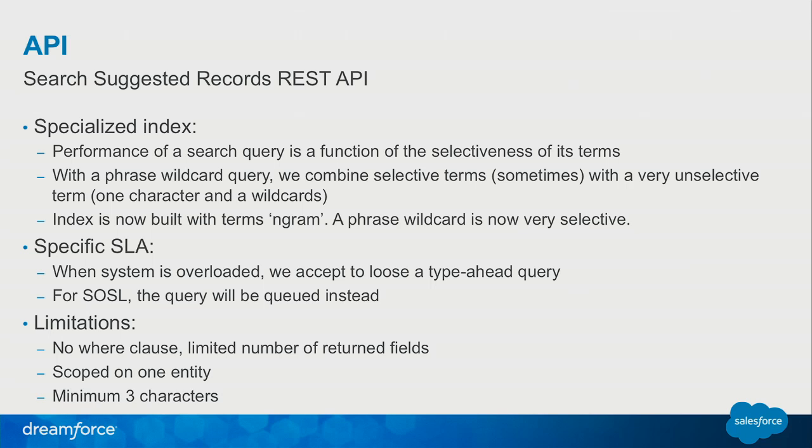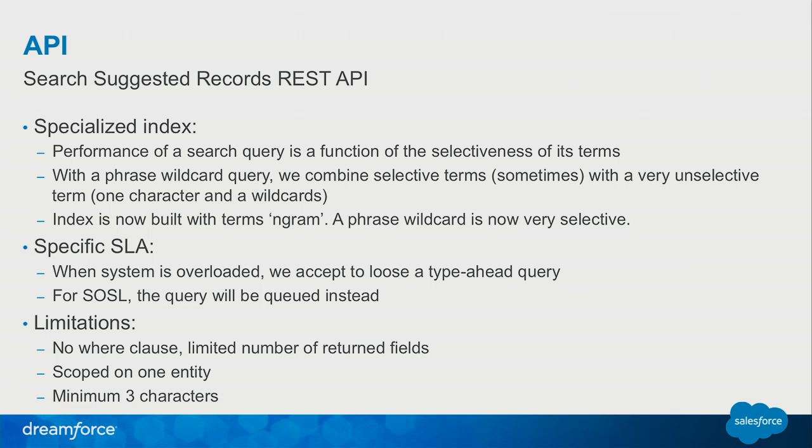So that being said, as a rule of thumb, how can you assess the performance of a search query? Typical performance of a search query is a direct function of the selectiveness of its terms. So if you have one term that matches many results, it will be costly to evaluate. And with a phrase wildcard query, you combine selective terms, the terms without the wildcard, with a very unselective term.